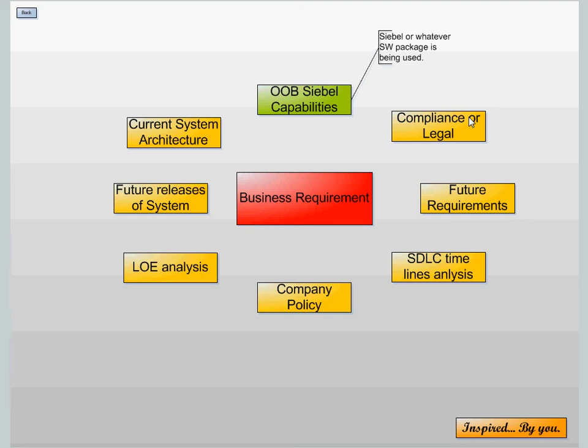Abbott Labs in the year 2001 was fined about $250 million for not maintaining the documentation for IT projects, not for pharmaceutical projects, but for IT projects.